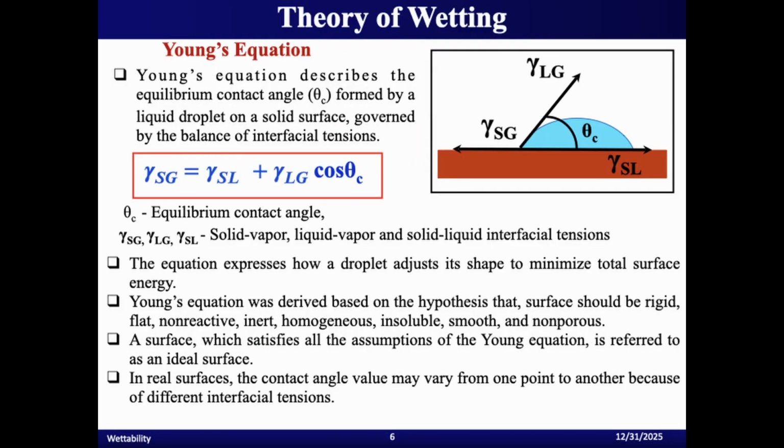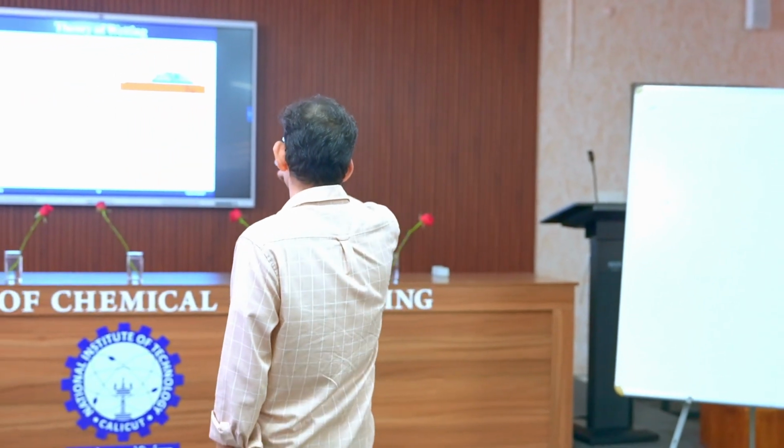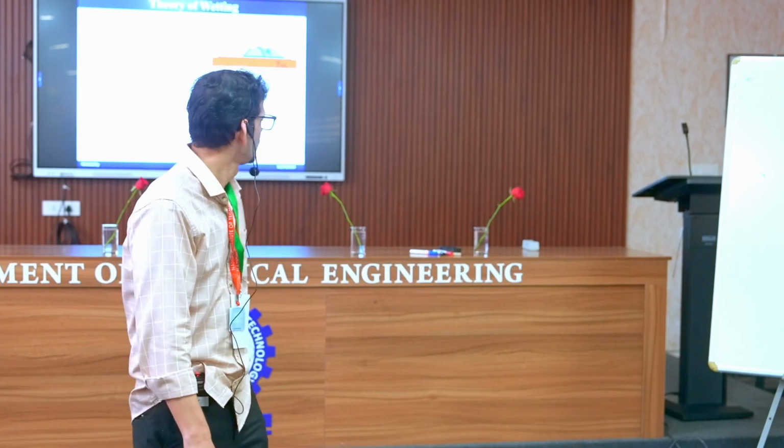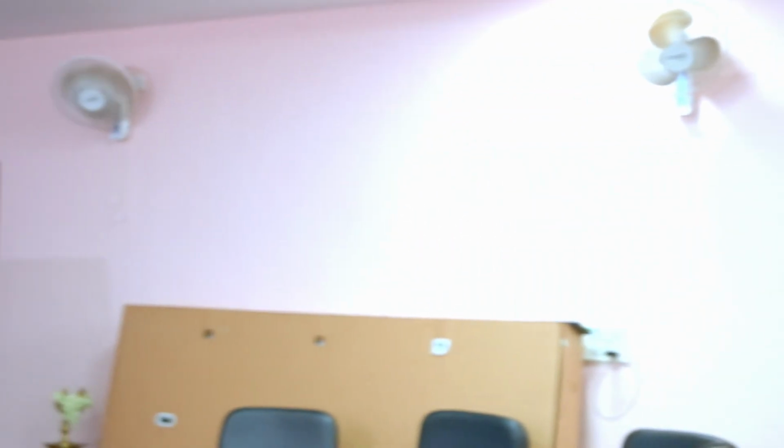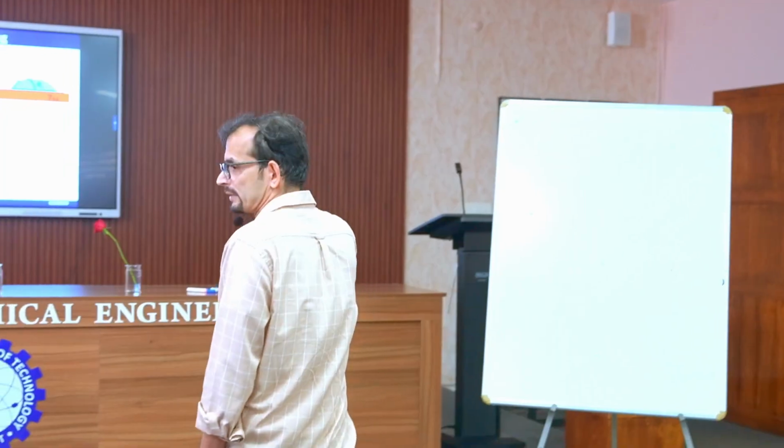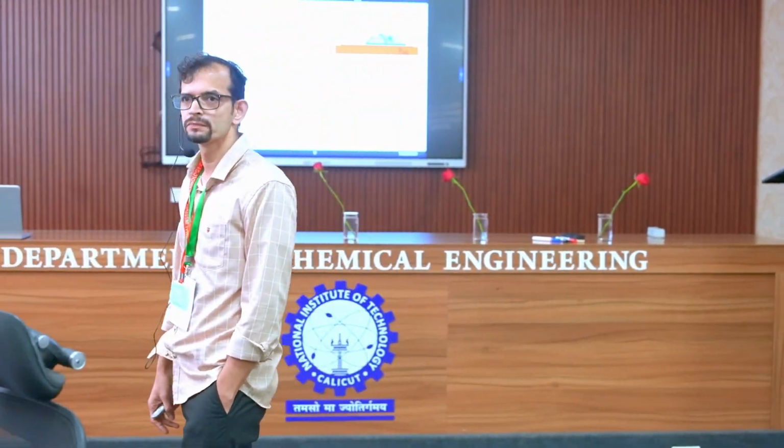So then, how does the drop decide this? A very basic explanation. You see, a droplet is placed on the surface, right? And what are the interactions happening there? Because if you think about surface energy, there is solid-liquid contact, and there is a contact between liquid and gas, like liquid-air, right?